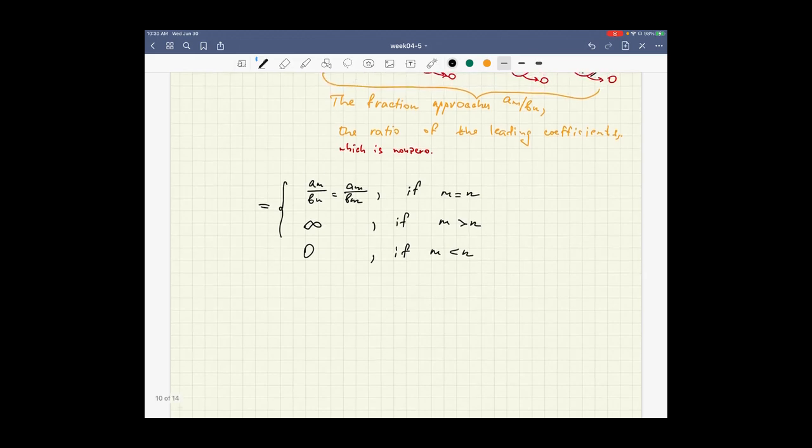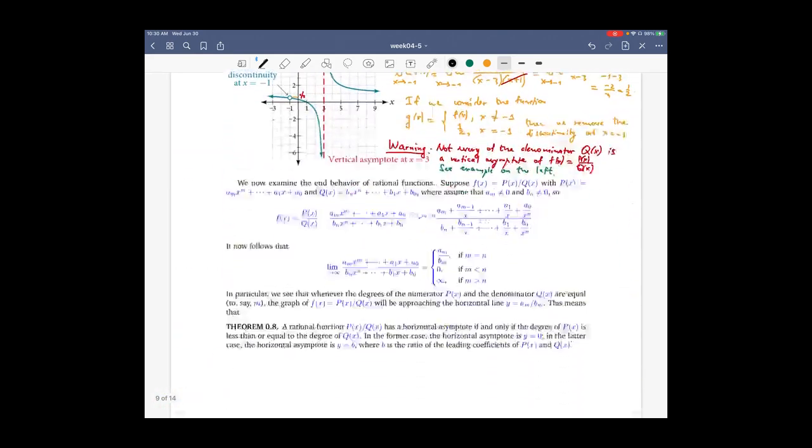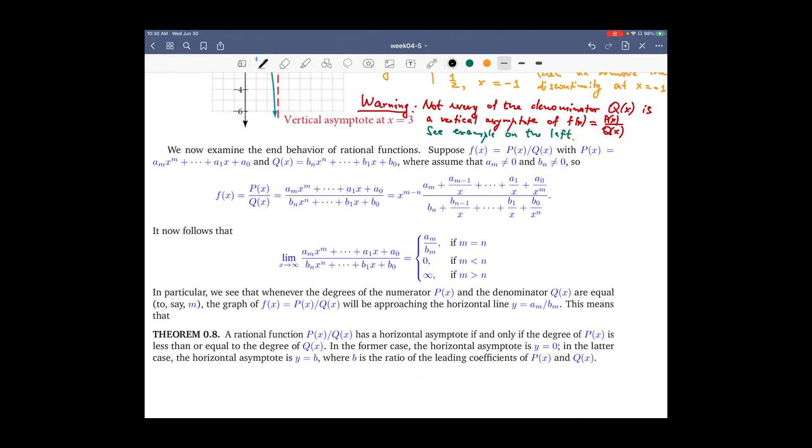We obtain this very important result, that the ratio of two polynomials behaves at infinity either as the ratio of the leading coefficients if the degrees of the polynomials in the numerator and the denominator are equal, or simply approaches 0 if the degree of the numerator is less than the degree of the denominator, or is infinity if the degree of the numerator exceeds the degree of the denominator.